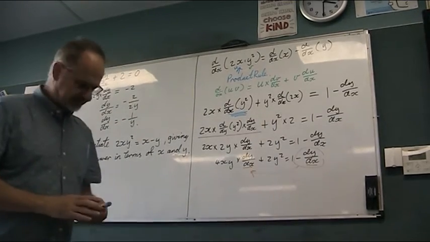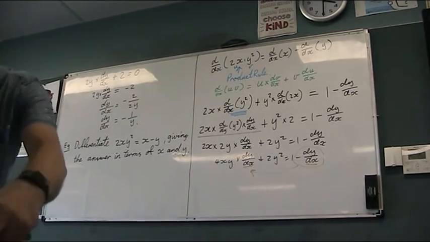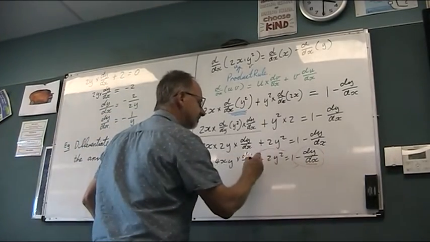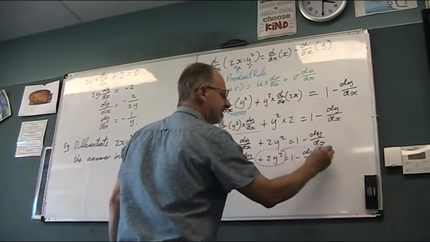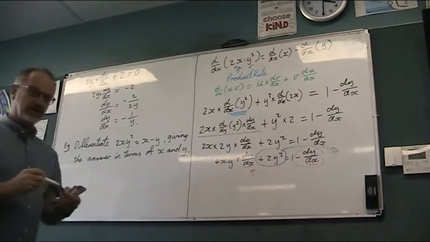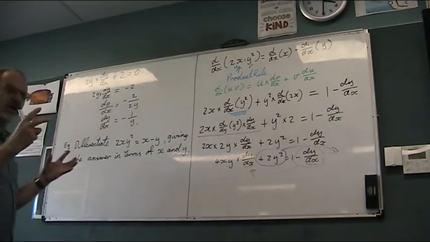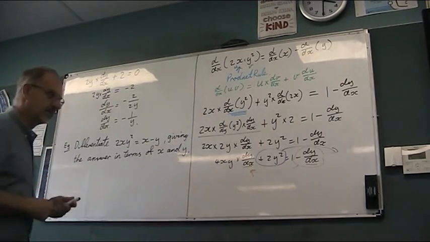And then, of course, this term here doesn't have any dy dx's in it, so how about we stick that over that side? Alright, so effectively we're getting our like terms together in a sense.